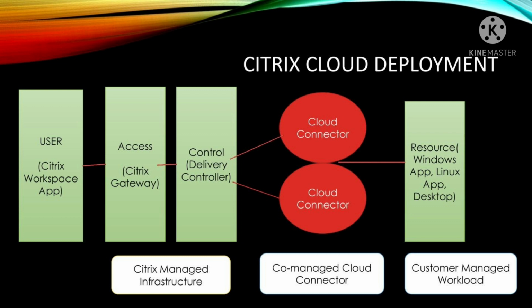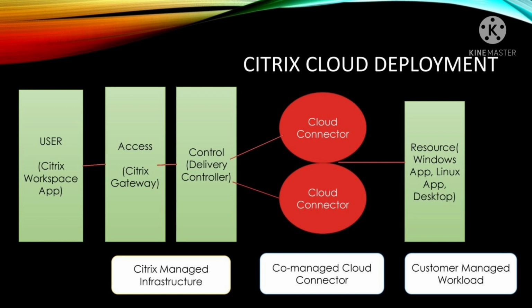Now, to bridge the customer environment with Citrix Cloud, the customer must install cloud connectors on a virtual machine in the resource location. Now, what is a cloud connector? Cloud Connector acts as a delivery controller proxy for functions such as VDA registration, session launch, and Active Directory authentication.